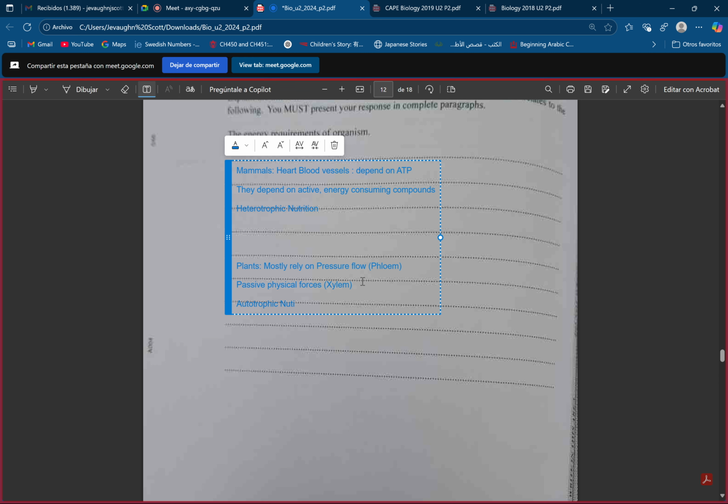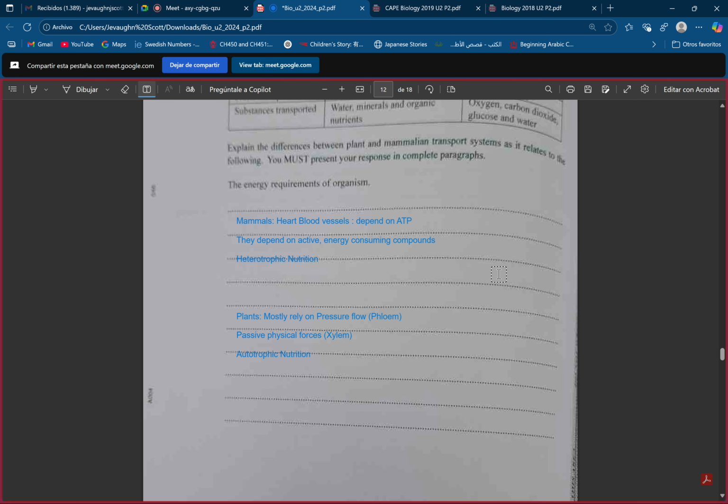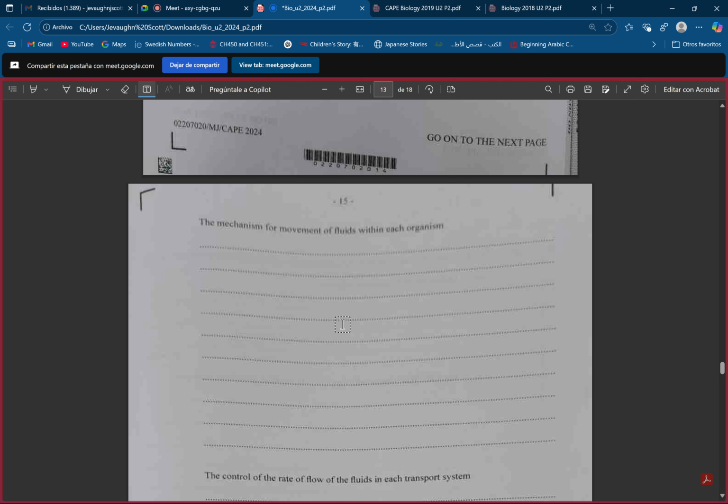Yeah, but the thing is, we could note those things, but it won't primarily strengthen the argument, because the question wasn't necessarily speaking to where they got the energy from, but the energy requirements in their circulatory systems. So you could mention it, but it won't necessarily add to the question. That's just my observation.